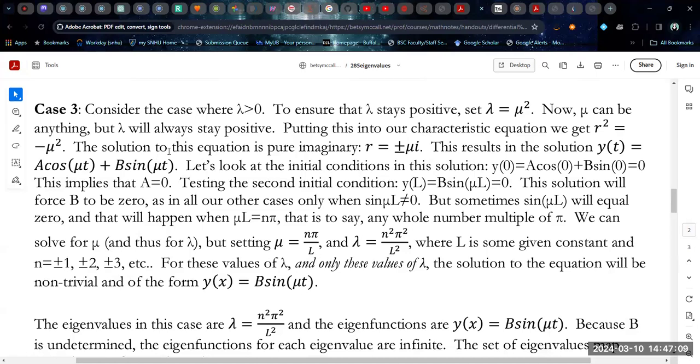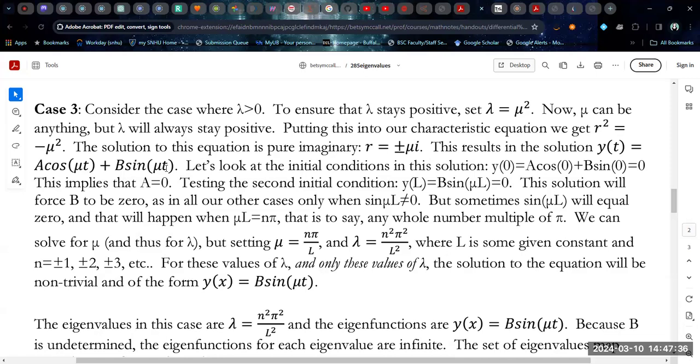So we can plug this into our characteristic equation, and we get r squared is equal to negative mu squared. That means that our solution is pure imaginary, plus and minus mu i. And then when we plug that into our solutions, the imaginary solutions become sine and cosine functions, A cosine mu t and B sine mu t.